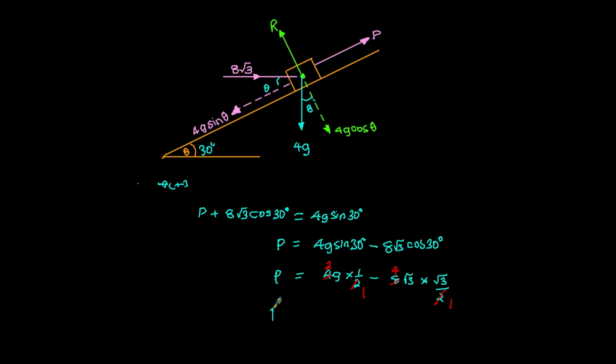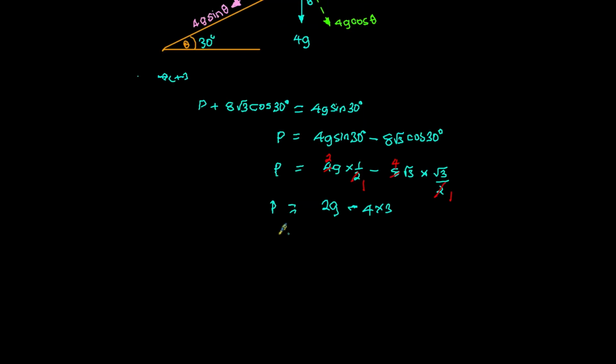So when we further simplify, our P is equivalent to 2g minus 4 root 3 times root 3 is 3, so 4 times 3 making 12. And then likewise g is equivalent to 9.8, so we shall multiply here 2 by 9.8 minus 12.